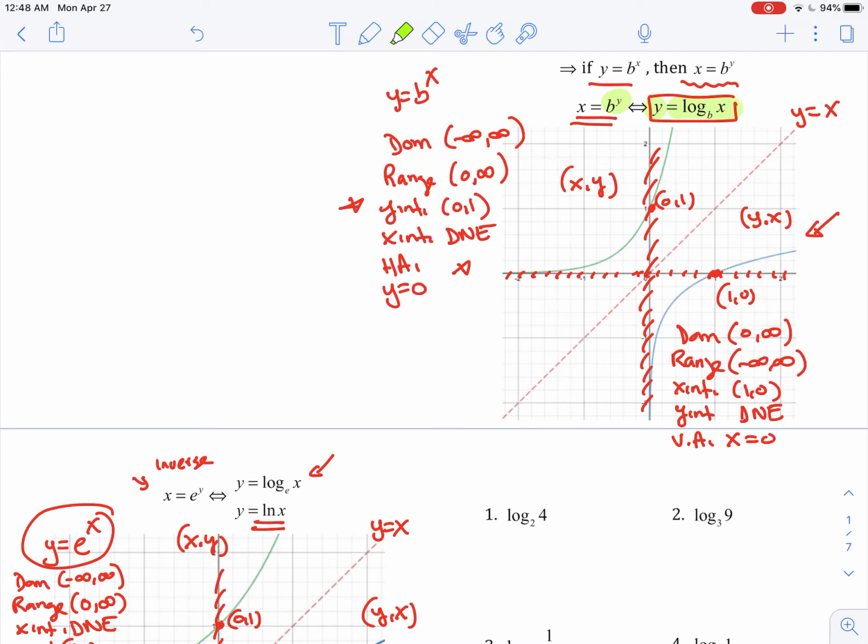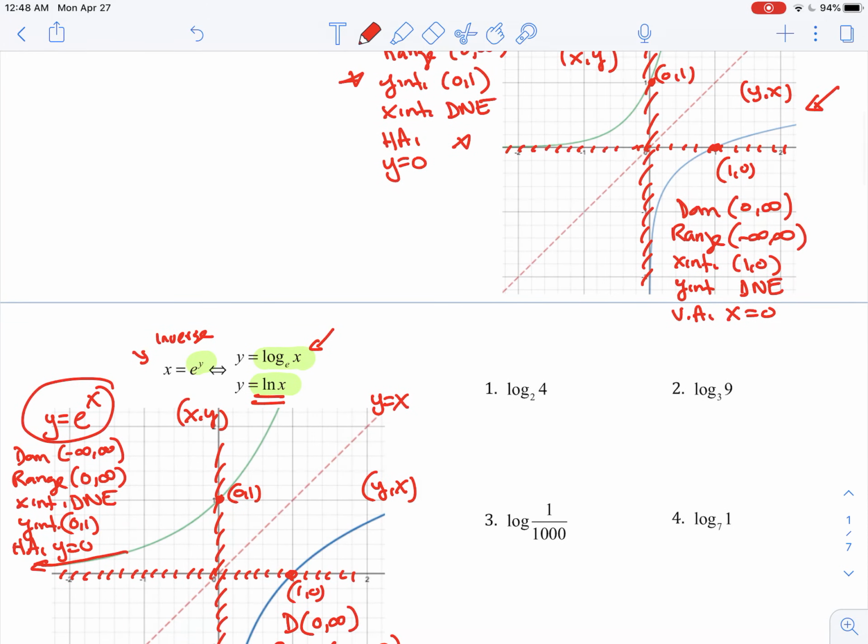So anytime you're working with logs, you're just working with exponents. x equals e to the y equals the log of x base e, or natural log of x. Again, just ways of representing that exponent. So anytime you're evaluating these log expressions, all we're doing is just looking at a way of expressing the exponent.